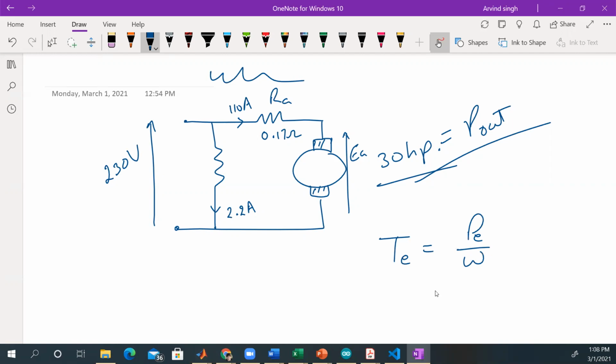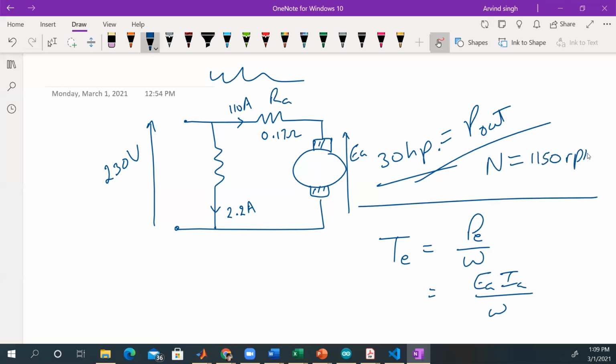And in order to get the torque, we could also have that K phi by omega, but we don't have K phi. So we need to get PE by omega, and we know PE is equal to EAIA. So that is EAIA over omega, right? So how do we know what omega is? Well, we are given, I believe, the speed was N is equal to 1150 RPM.